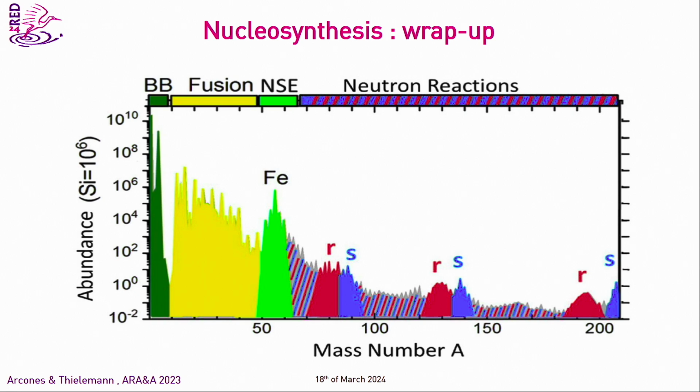And then everything else is made with neutron or proton, but essentially neutron enrichment processes, which is the R process, rapid capture, or the slow process. Okay? So now we know where we make everything.